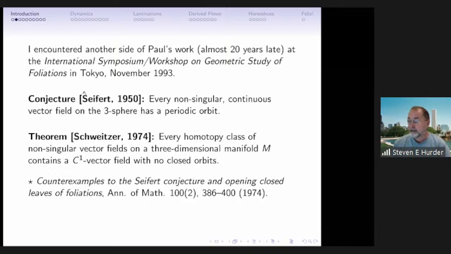This result is a beautiful result, and Paul had generalized it, but my interest was homotopy theory type things.